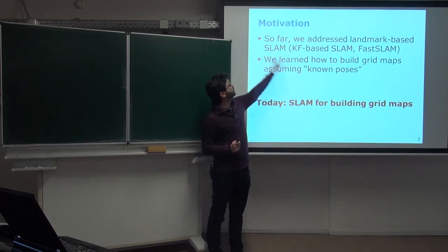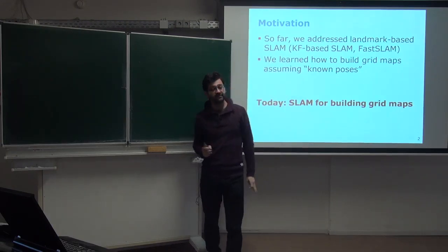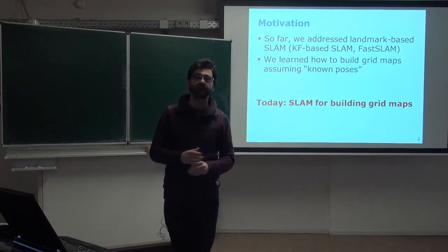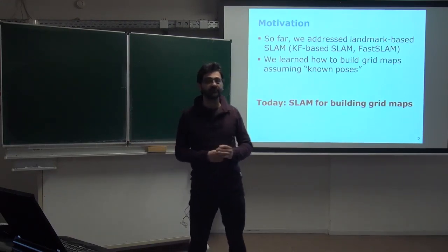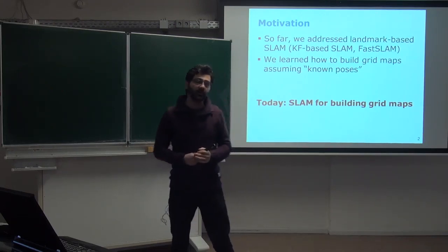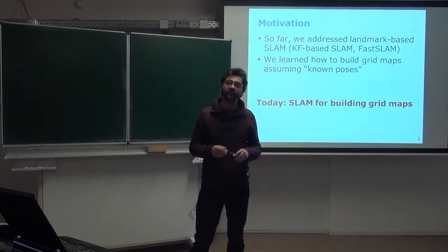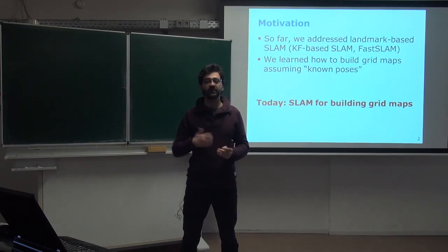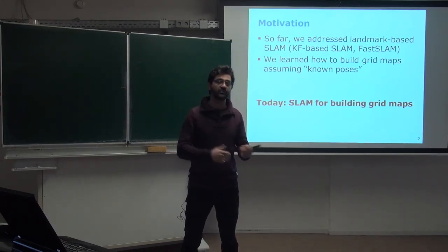The motivation here is that we have just seen landmarks so far, and landmarks are good if you want to localize yourself, or a good way of compactly representing environments by using just a few points. But they might have a disadvantage if you want to use these maps also for planning, or to know which part of the environment you can safely traverse and which part you can't.